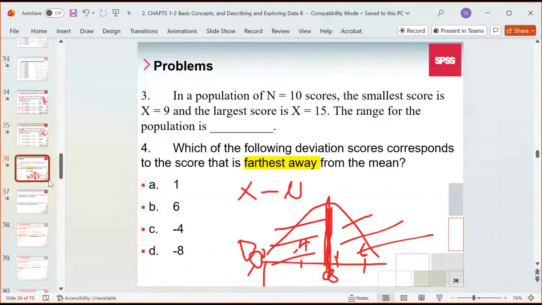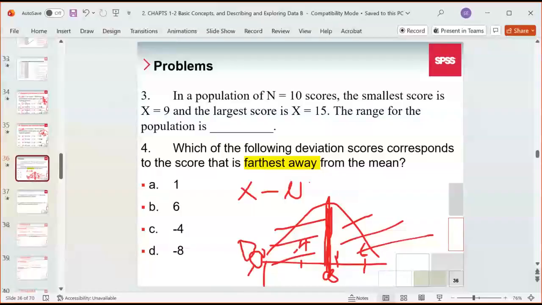Another question in your quiz will be, for example, this one, number 4. Which of the following deviations means the distance of the score from the mean? Which one of these scores is farthest away from the mean? Whatever the mean is, of course, the one with the highest number, it doesn't matter whether negative or positive, puts you the farthest. We don't know what the number is, but we know this is x.